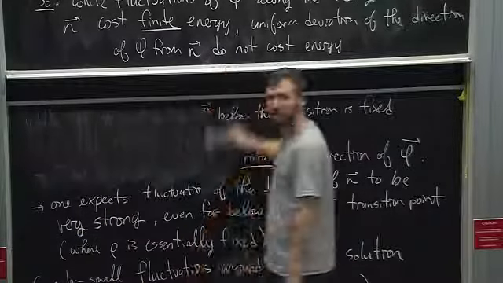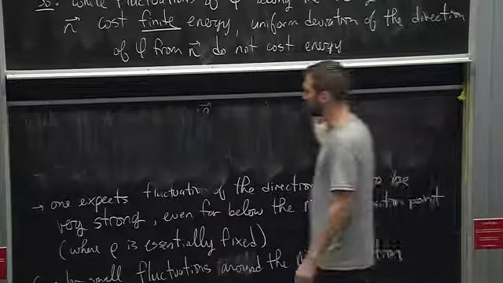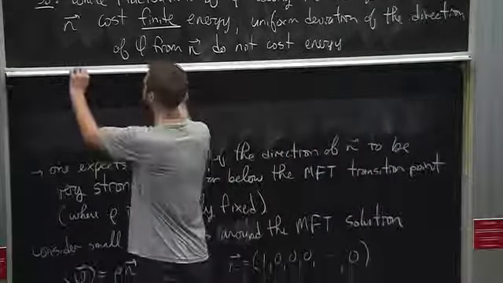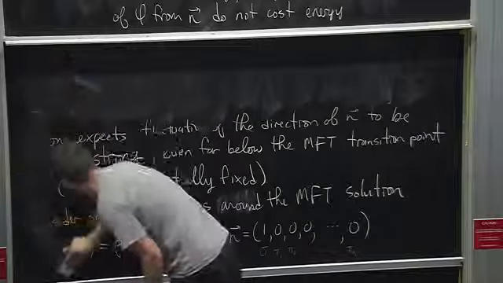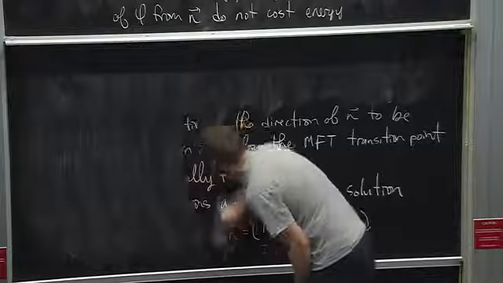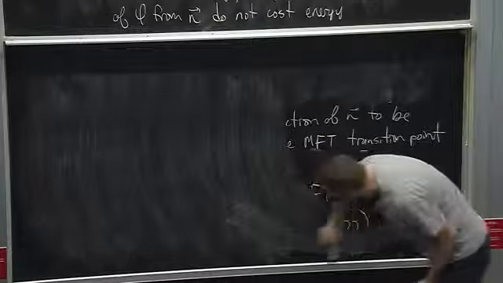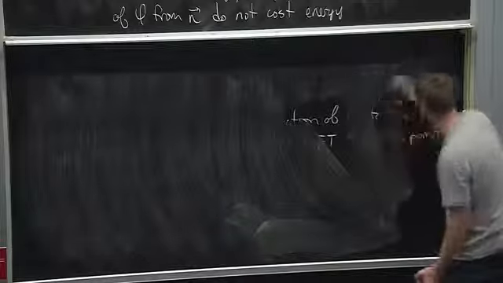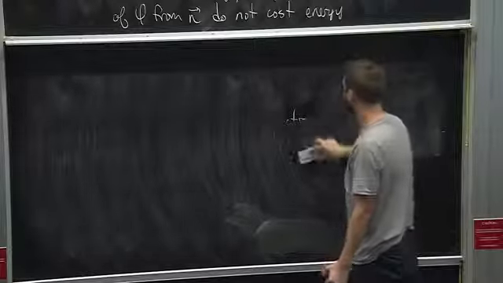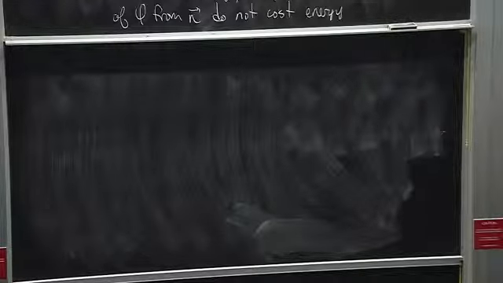But we can use this expression to derive the lower critical dimension now. So let's just take this action and look at it almost the same way we did for the upper critical dimension. Let's look at it in Fourier space.